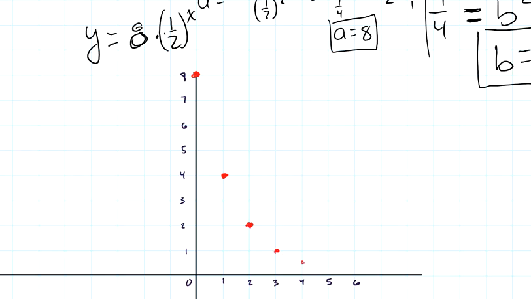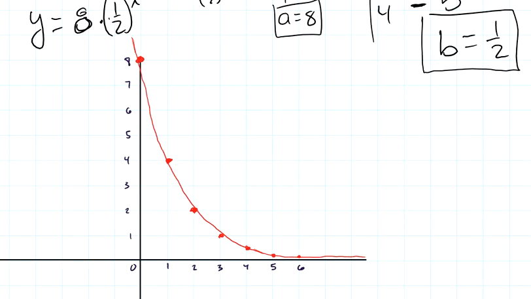At 4, it gives me half of that, which is 1/2, and then 1/4, and then 1/8, etc. Because we're not looking at this as a sequence, but as a function, I would draw a continuous curve, and I would be careful not to cross the x-axis, because this is clearly an asymptote. Which means it approaches the positive x-axis here, but it's not going to cross that threshold.